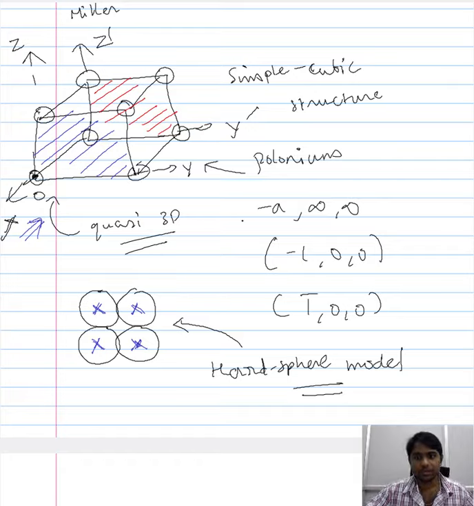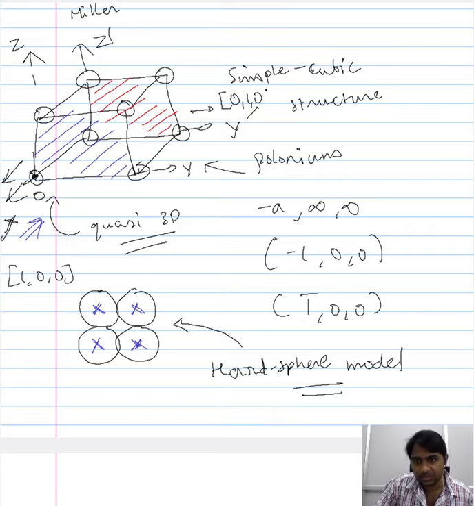Now from our previous description of the directions of the unit cell, along the x-axis, this direction highlighted in blue would be [100], this direction here would be [010], and this direction here would be [001].